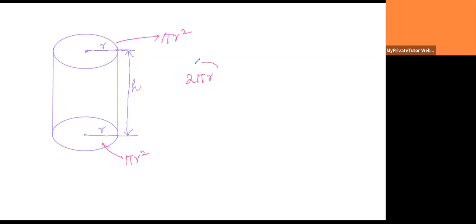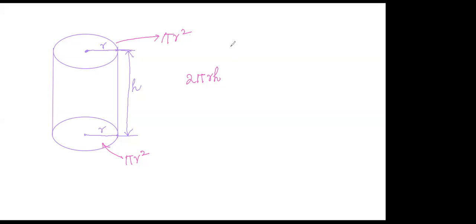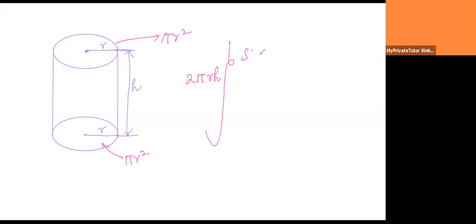what is 2 pi r? I hope you guys know that 2 pi r is the circumference of a circle, and since there is a height, the distance between the top circle and the bottom circle, we just need to multiply by h. So this is the formula. What is the surface area, guys?